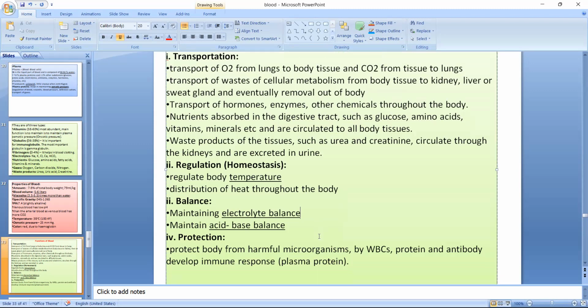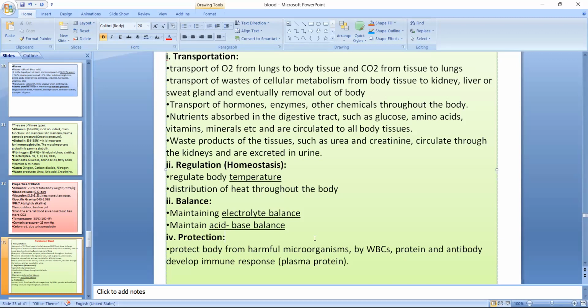Okay, so that is the protection. We all know that blood contains neutrophils, monocytes, and T helper lymphocytes, and antibodies are also present.